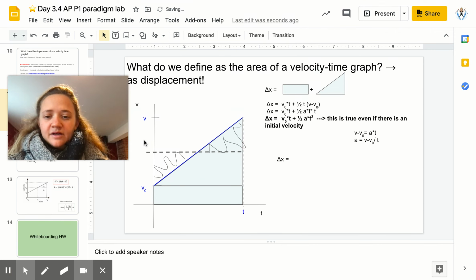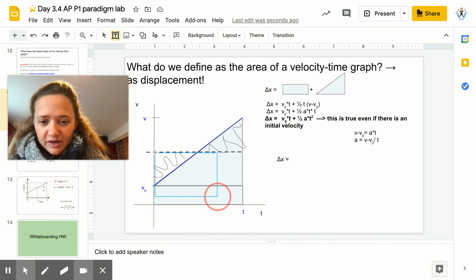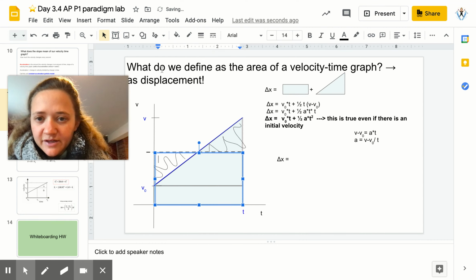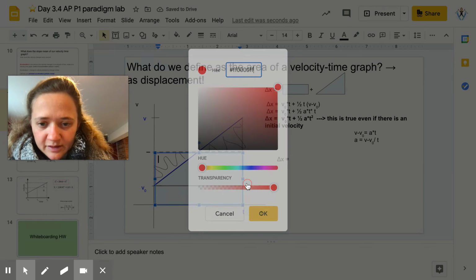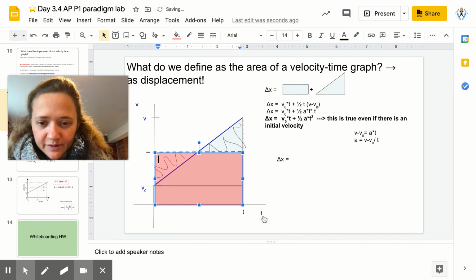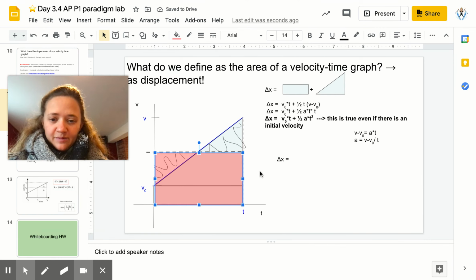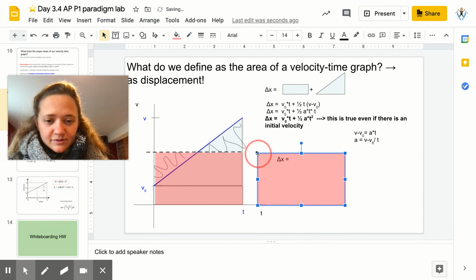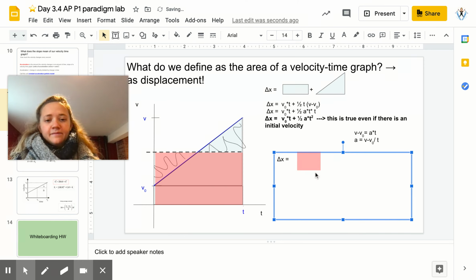And so instead of calculating a rectangle and a triangle, we could actually just calculate the area of this rectangle here, which let me color in with a custom fill. Maybe I'll make it red colored. And so we could calculate the area of this red box, which would also be our displacement.